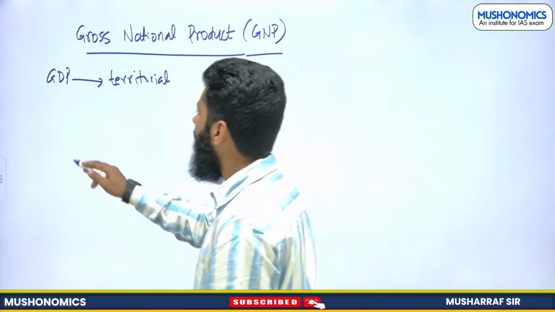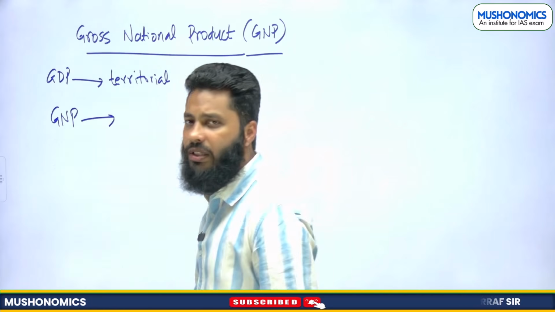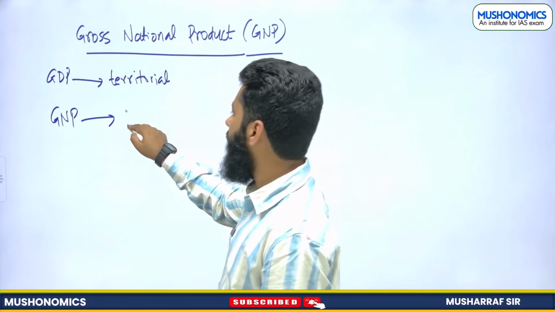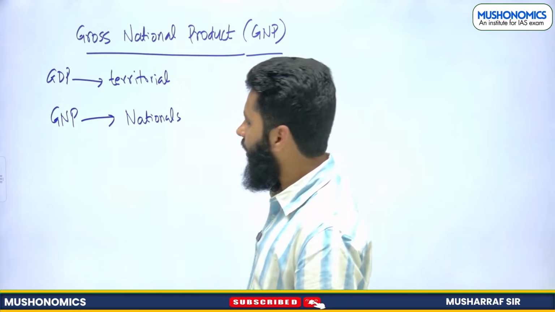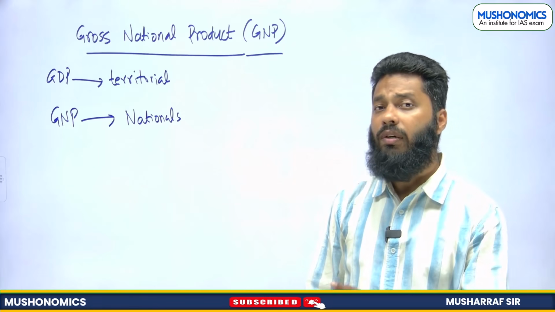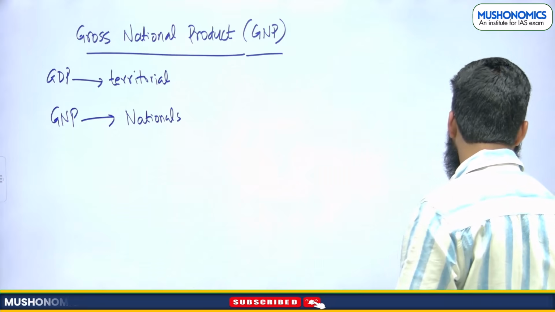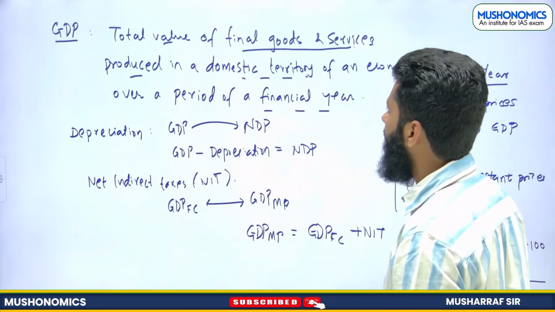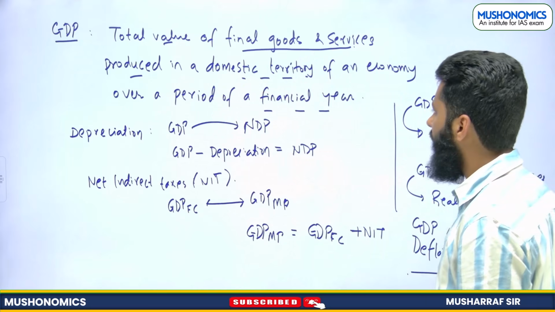But when we talk about GNP, GNP is giving us an idea about nationals of the country, right? It is not only associated with the domestic territory, rather it is associated with the nationals of the nation. For example, the GDP definition that we have seen just now: total value of final goods and services produced in the domestic territory of an economy over a period of a financial year.